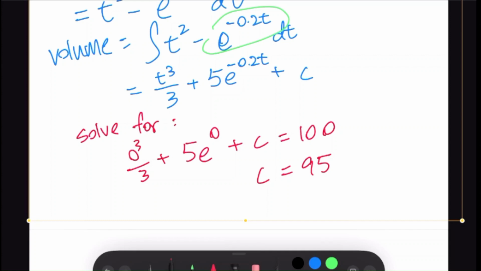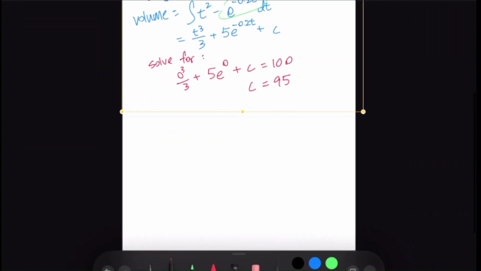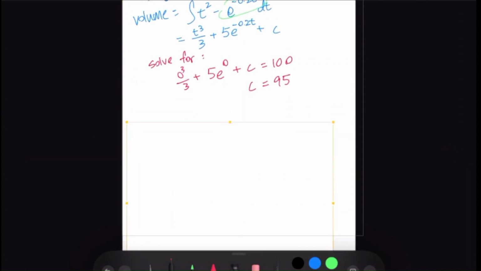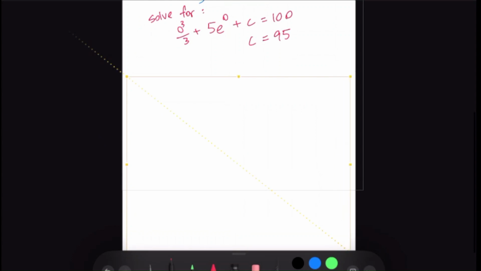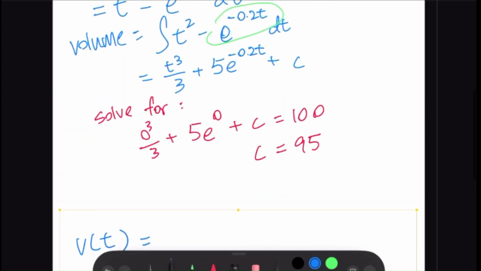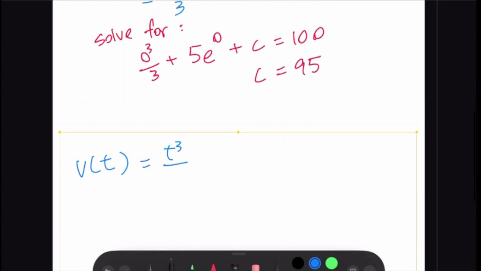Hopefully. Awesome. So then, there's not enough space. So then our volume V(t) would actually be equal to t cubed over 3 plus 5e to the negative 0.2t plus 95.